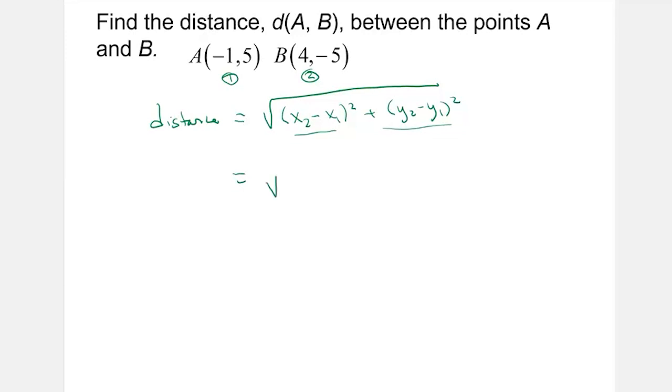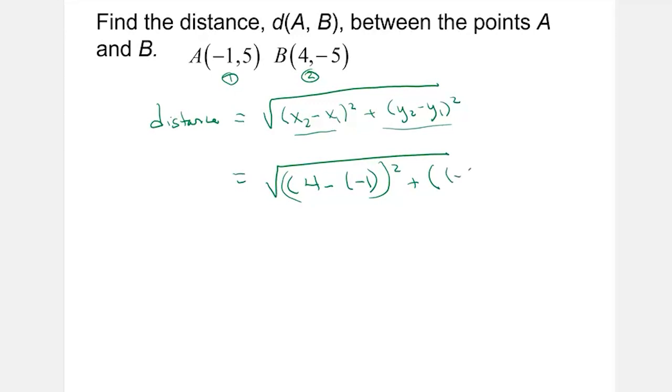So now we have the square root, and then we have x2, which I'm going to use b as x2. So I have 4 minus a, the x for a is -1. This is squared plus y2.